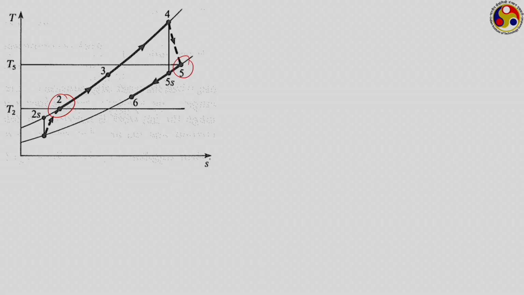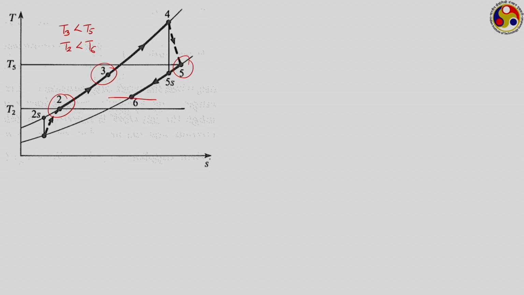So, while in the ideal regenerator the air temperature at the end of regeneration should be equal to T5, practically it remains as T3, which is lower than T5. Similarly, the gas temperature at the end of regeneration, that is 6, is not able to reach up to 2. So, we have T2 less than T6 again.